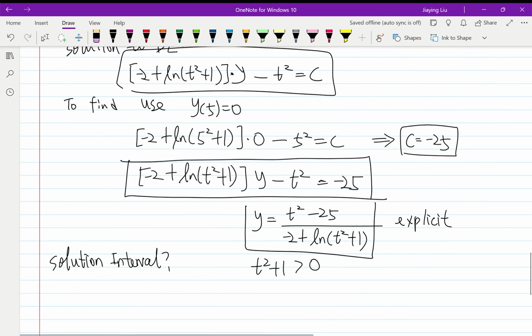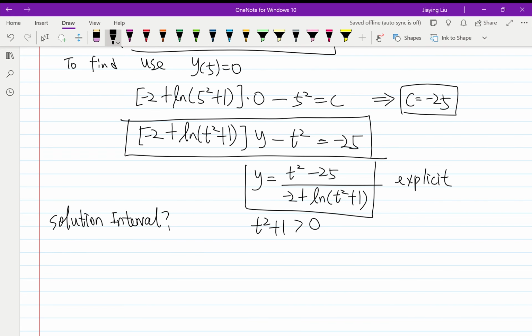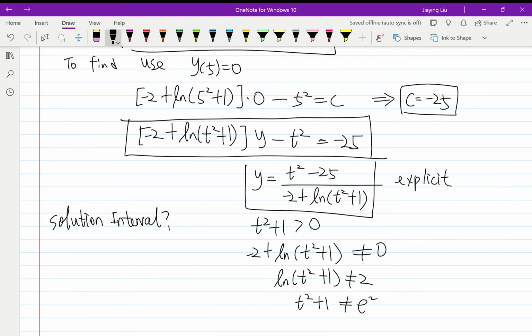Well, another thing you have to worry about is the denominator. You have to make sure that negative 2 plus natural log of t² plus 1 cannot equal 0. If that's equal to 0, we have a problem. So how do we solve for t there? We just solve it as if we have an equation. We move the 2 to the other side, so natural log of t² plus 1 cannot equal 2. Exponentiate with base e on both sides, so t² plus 1 cannot equal e².